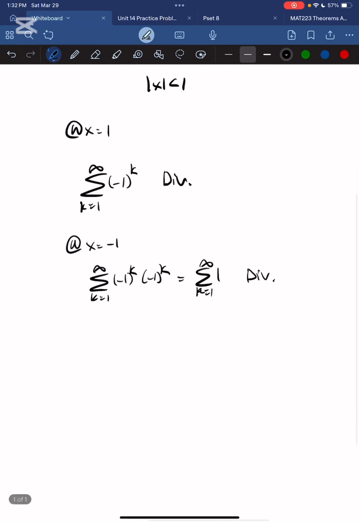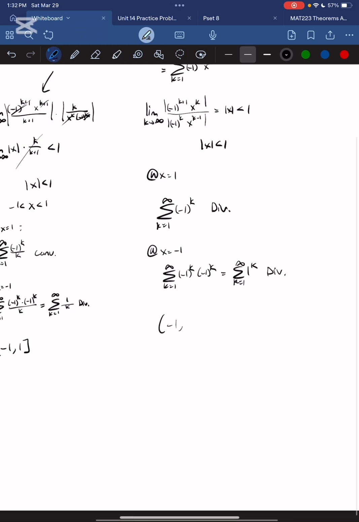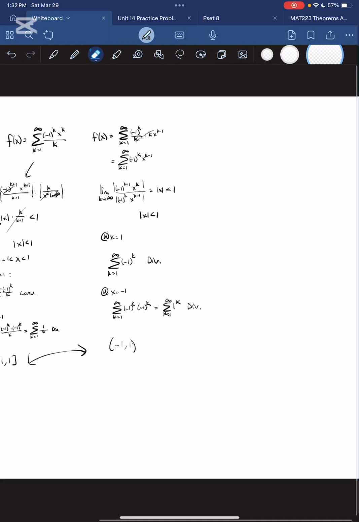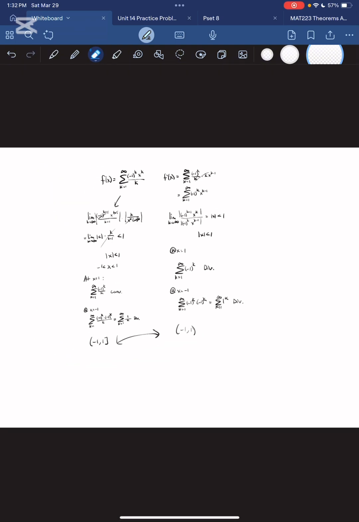The series of some finite number is always just divergent, right? So the interval of convergence of this is actually different. See? It's different. And let's see, what else do I have to cover?